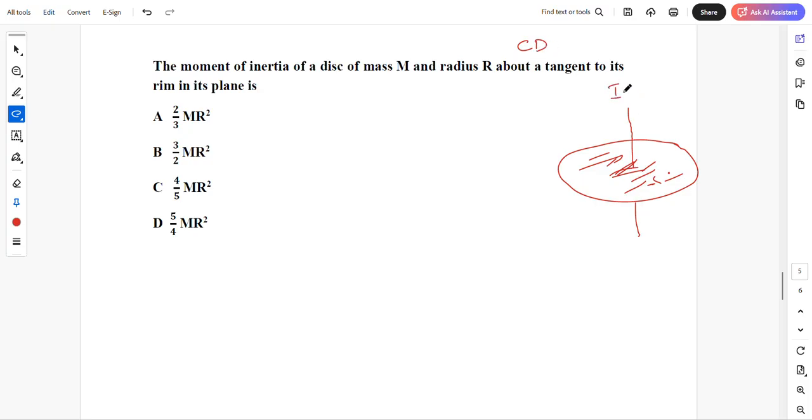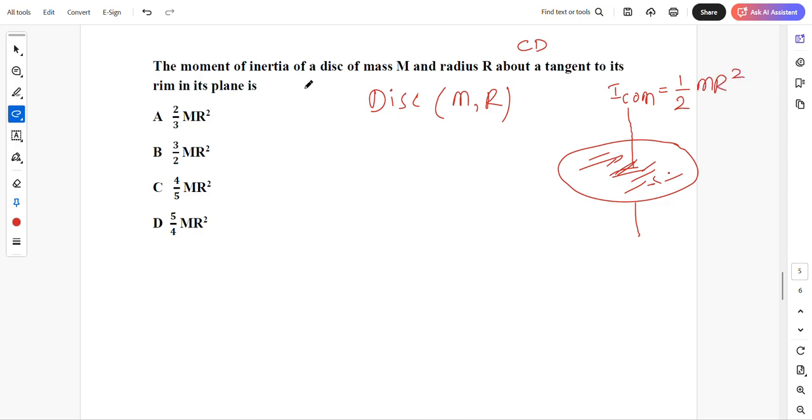I com is how much for a disk of mass m and radius r? That is equal to 1 by 2 m r square.